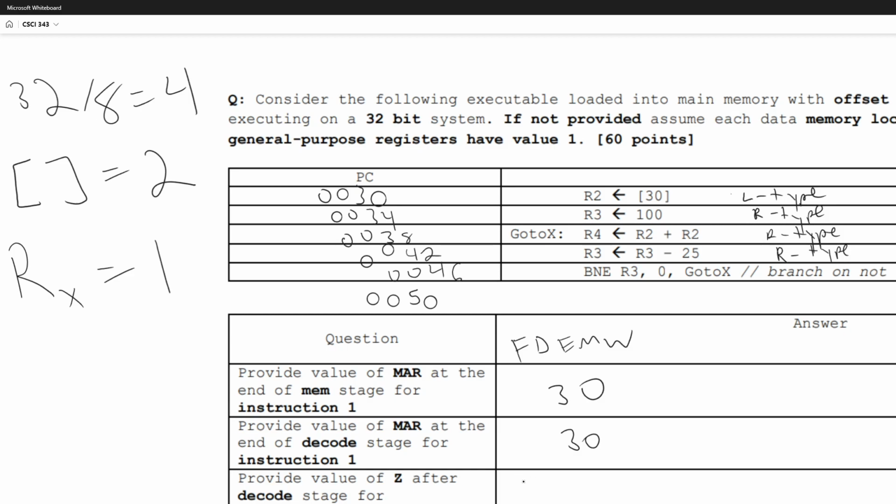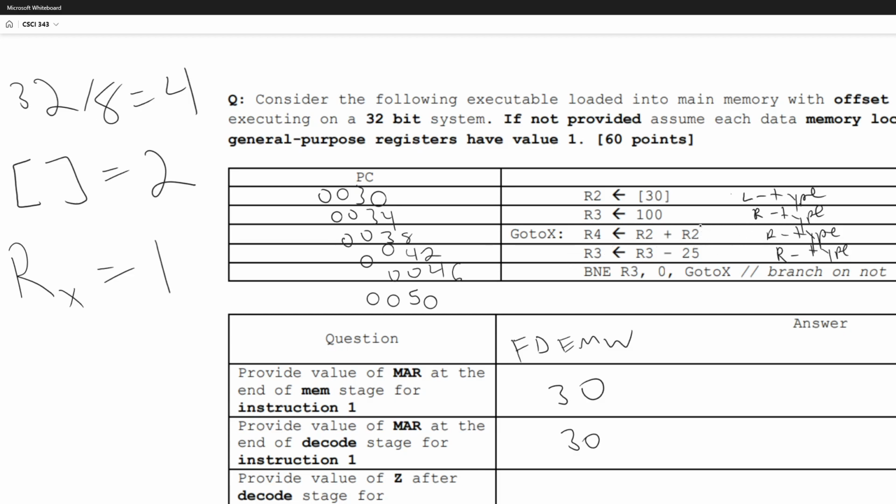Provide value of C after decode stage for instruction 4. 1, 2, 3, 4. This one. Okay, so at this line, R3 had a 100. Actually, it was after the decode stage, right? Well, in the decode stage, nothing has happened yet.